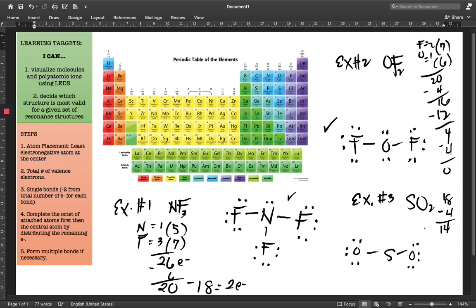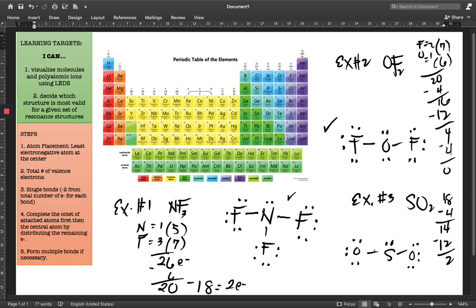Alright? Now, 6 electrons per oxygen atom. So there are 2 oxygen atoms. This is minus 12. 6 times 2 is 12. And then we are left with 2 valence electrons. The 2 valence electrons will be placed on our central atom. 1, 2.